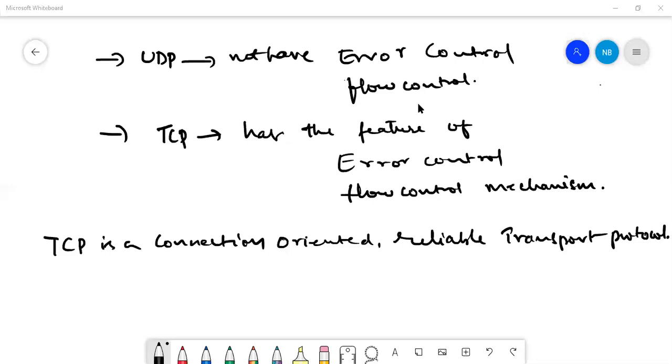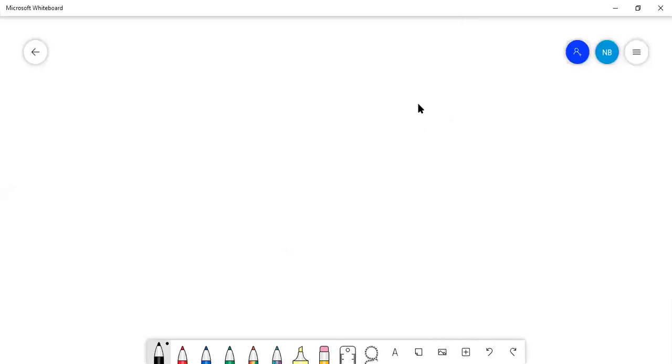Now let us see what services are offered by TCP. These are the services which are provided at the application layer level.